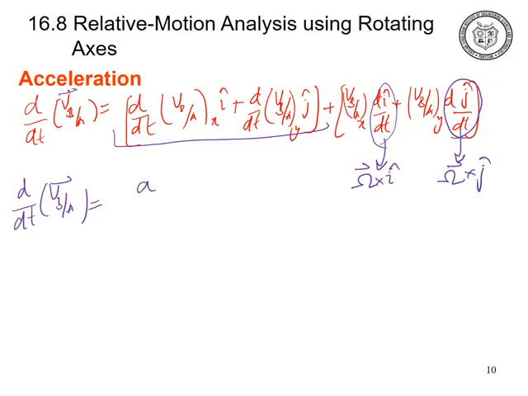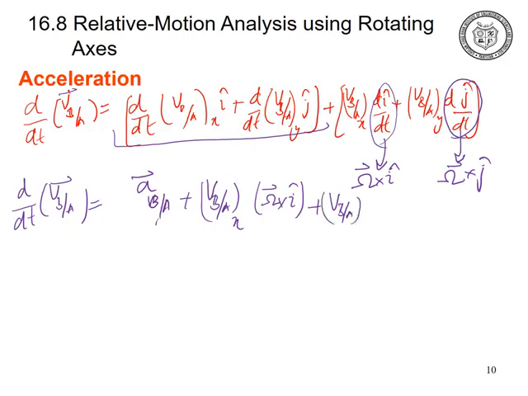So we can simply write it as a of b with respect to A, in the x, y and z axes, plus vb with respect to A x with omega cross i. Similarly vb with respect to A y with omega cross j. This is by substituting the value of di by dt and dj by dt.